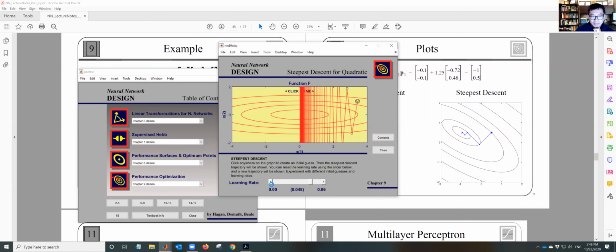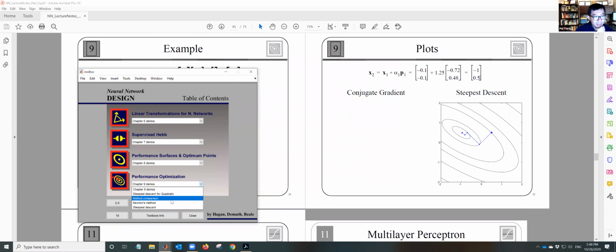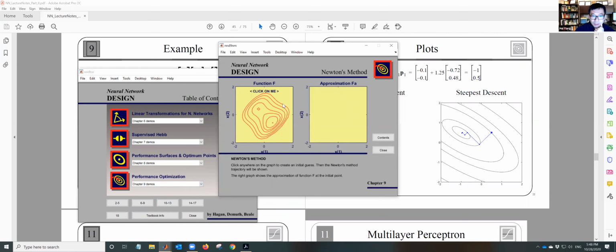That diverges. When it diverges, this depends on the eigenvalues of your surface: 2 over lambda max. Remember, this is a learning rate. So this is steepest descent. We also talked about Newton's method. This is Newton's method. If you go here, you see Newton goes directly here and then comes back. If you go here, just one step, you got it.